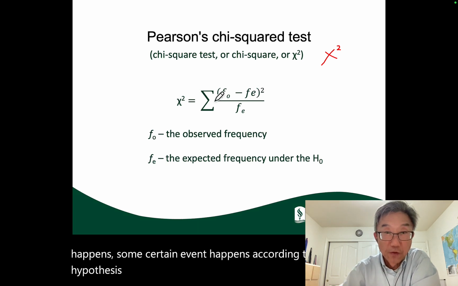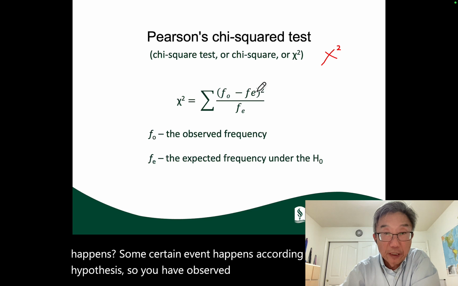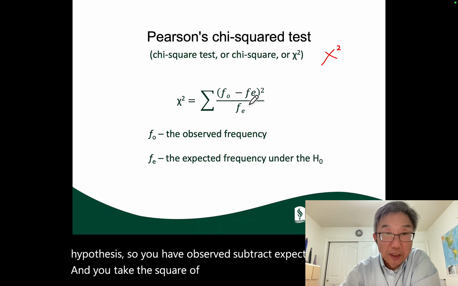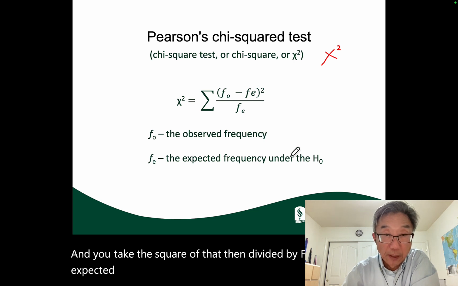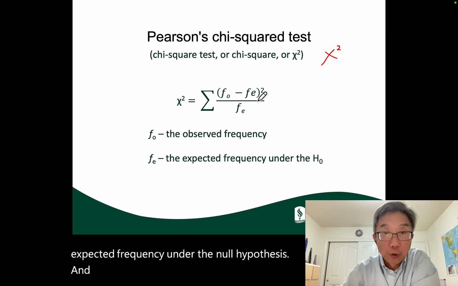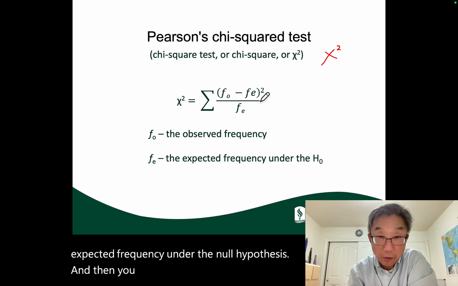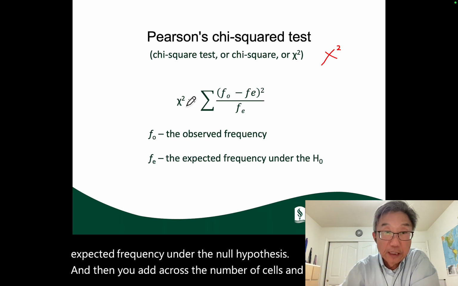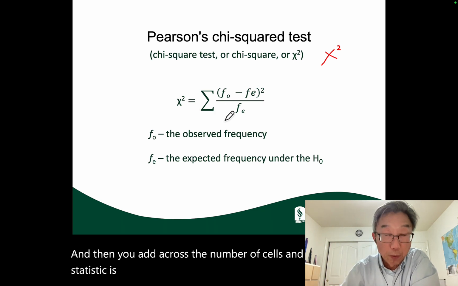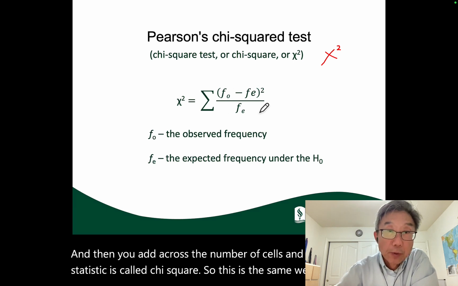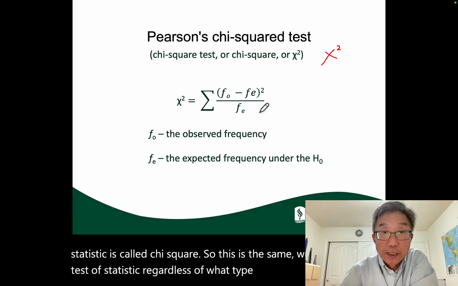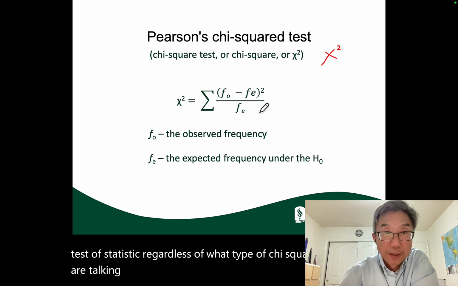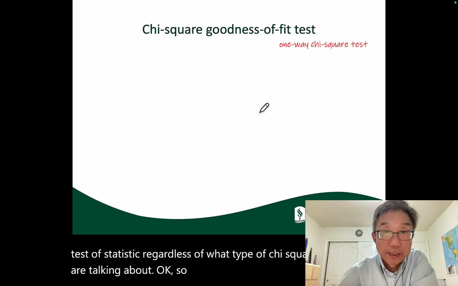So you subtract expected from observed, take the square of that, then divide it by the expected frequency under the null hypothesis. Then you add across the number of cells, and that test statistic is called chi-square. We have the same test statistic regardless of what type of chi-square test we are talking about. Okay, so that's the test statistic.